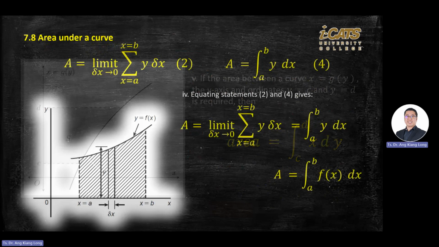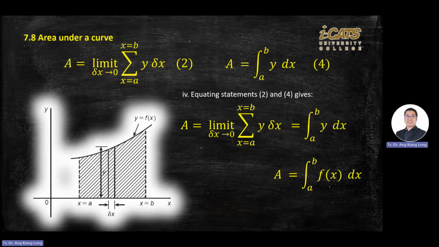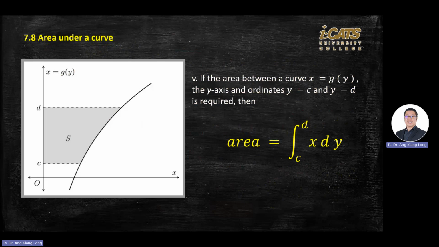Okay, if the question asks you to find area in the y-axis, you need to flip the equation. If you need to find the area limited by the y-axis, your equation becomes like this. Area equal to the integral with lower limit on the y-axis c, to upper limit on the y-axis d, and you're taking x multiplied by the change of y.